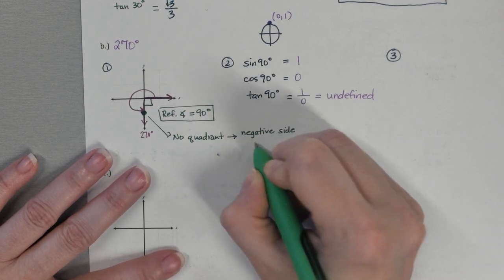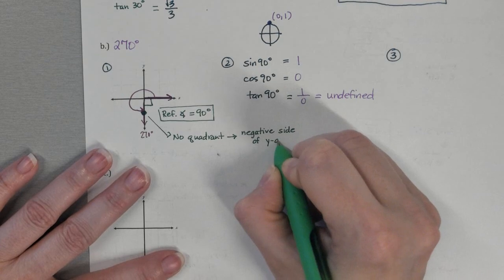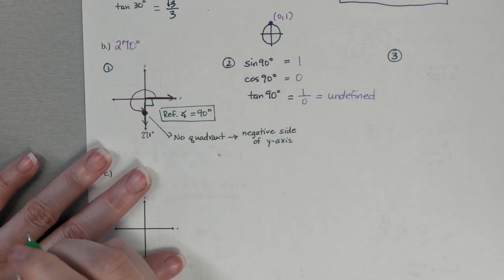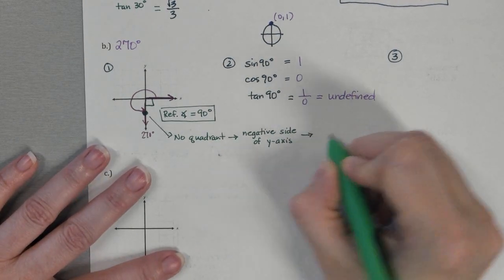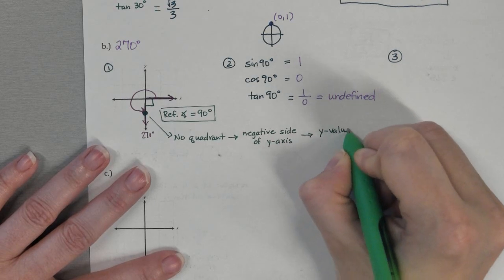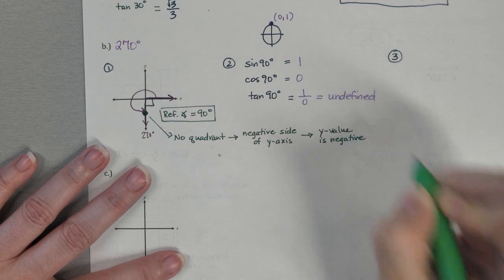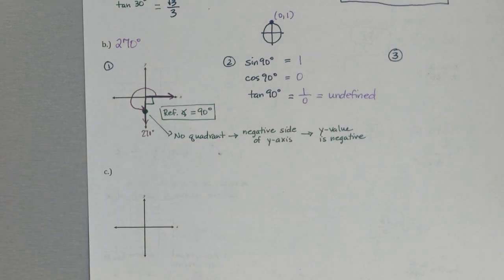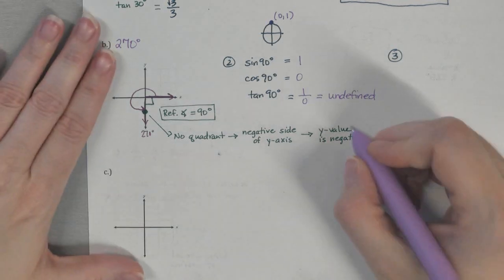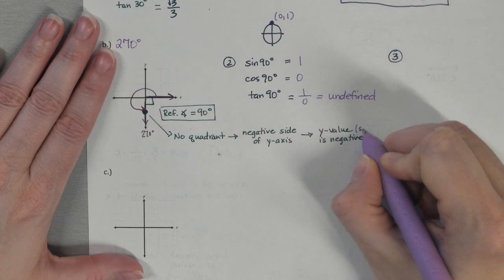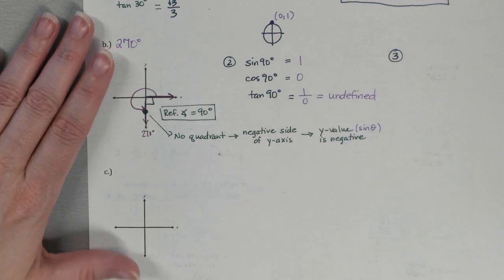Yes, so it's the negative side of your y-axis. So what that means is that your y value is negative. Okay, and then your y value is the same thing as sine. Okay, so your y value, the sine value, is negative.